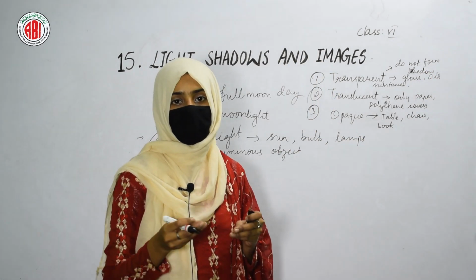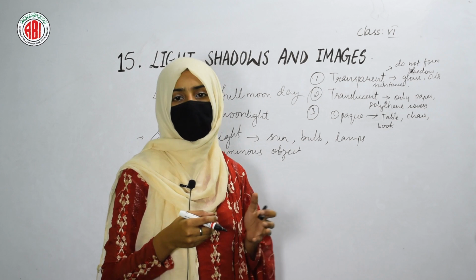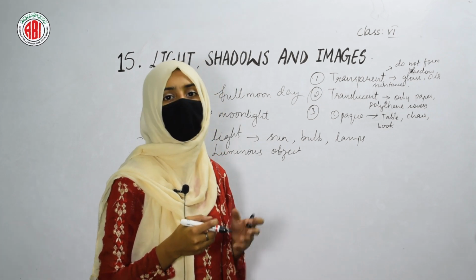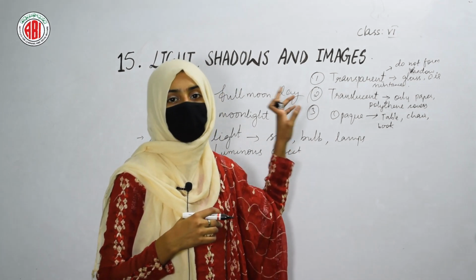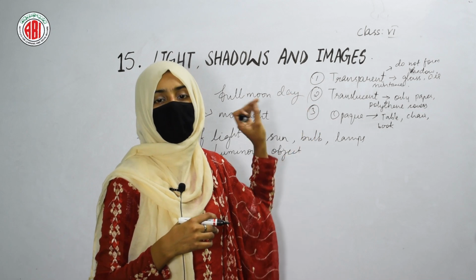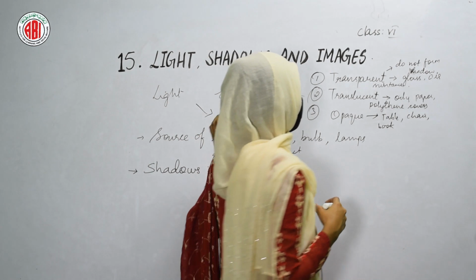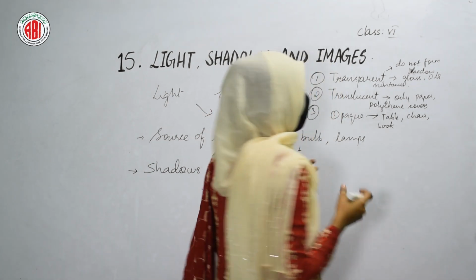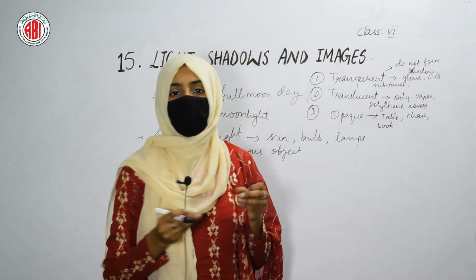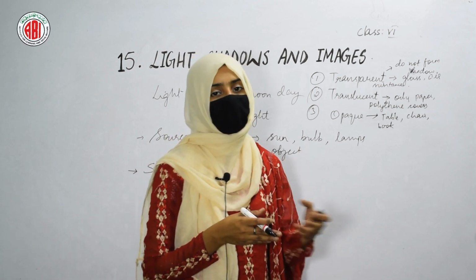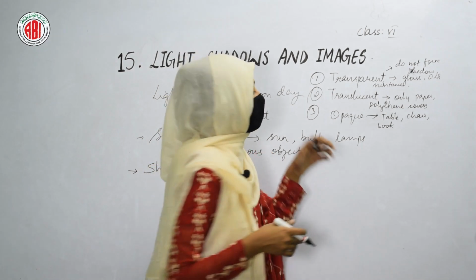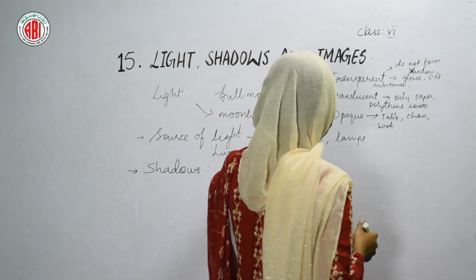Can you see the shadow of air? No, we cannot, because it does not form any shadow. Transparent substances will not form any shadows, because they allow the light to pass through them. Whenever the light is not passed through an object, at that time the shadow of that object will form.